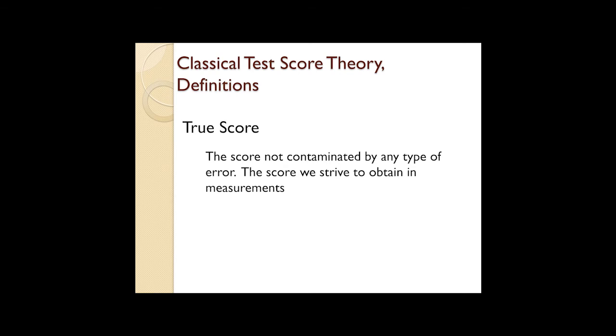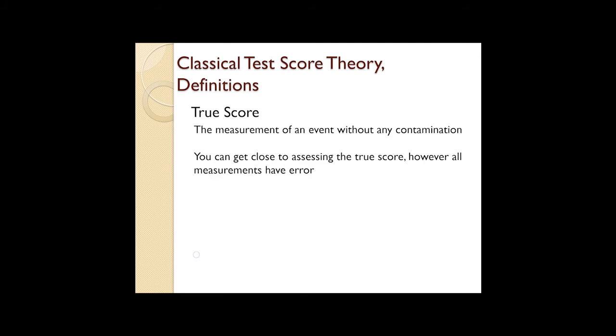It is the score we strive to obtain in measurements, although we realize it's like the Holy Grail and we can get close to it, but we can never actually get that true score. You can get close to assessing a true score, but you have to remember that all measurements have error. And a true score is the measurement of an event without any contamination at all.